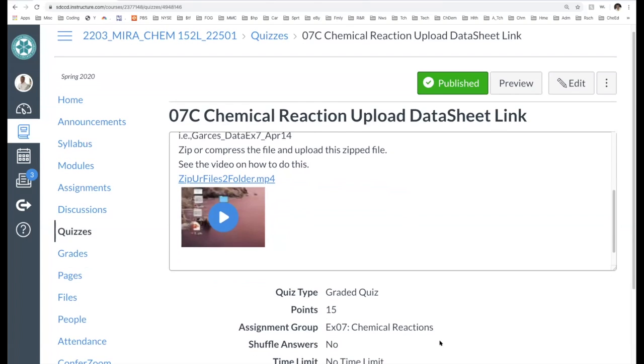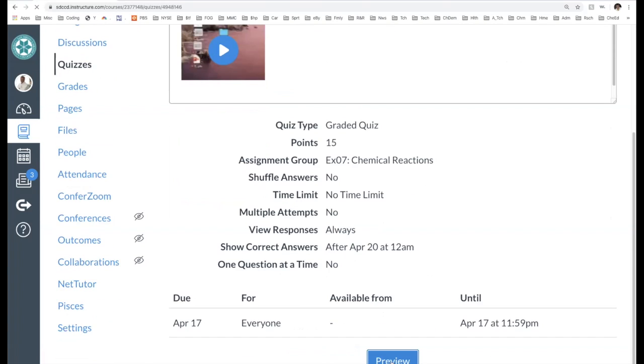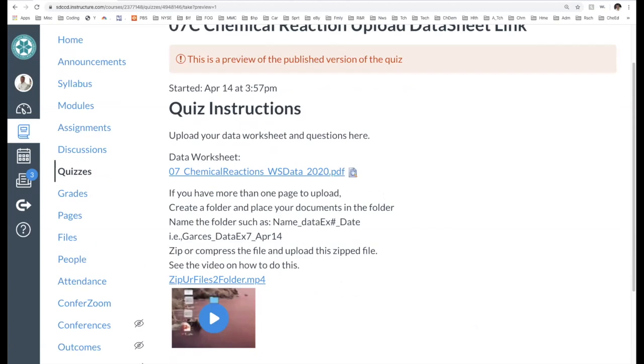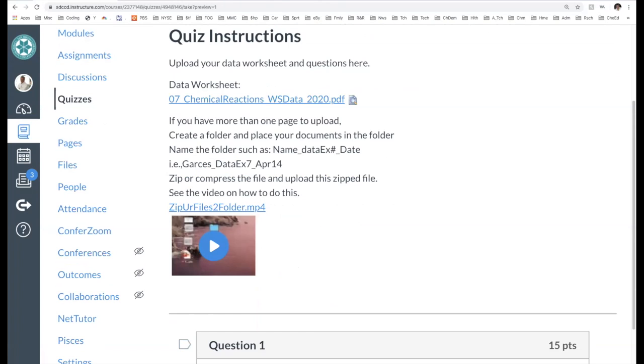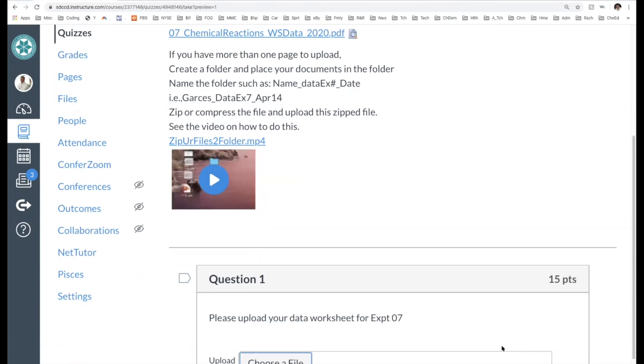What you want to do, of course, is go in here and choose your file, and it should be one folder that's been zipped. Choose that file and then upload that file. It's got to be only one file that has been zipped.